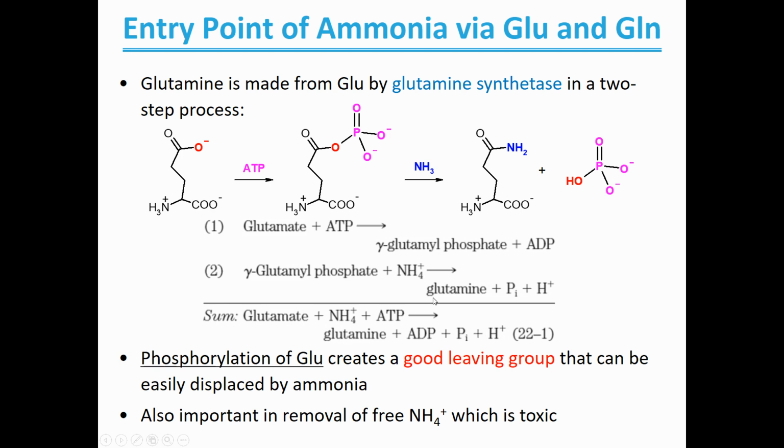So recall from our previous lectures that we use glutamate and glutamine quite a bit. The major role for glutamate is sort of a storage site for our amines, because glutamate can transfer the amine to other keto acids, or glutamate can transfer its amine to the urea cycle for nitrogen excretion.